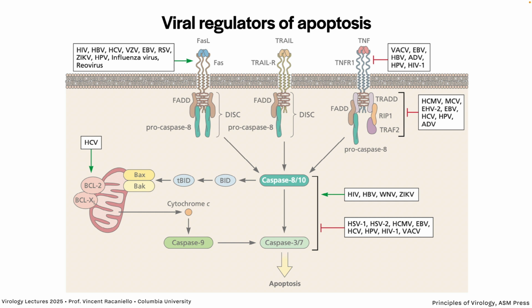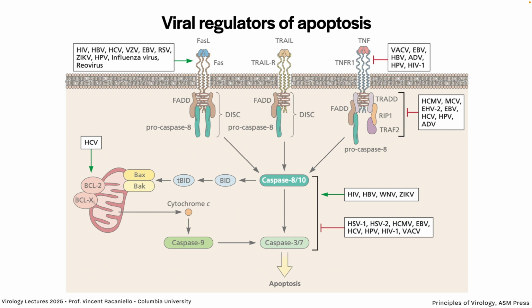Viruses can also regulate apoptosis, right? So that doesn't happen. And these are all the pathways leading to apoptosis. Here's apoptosis down at the bottom here, and all this stuff in the middle. And you don't need to know any of this, but the concept that receptors engaging ligands at the cell surface will trigger apoptosis.